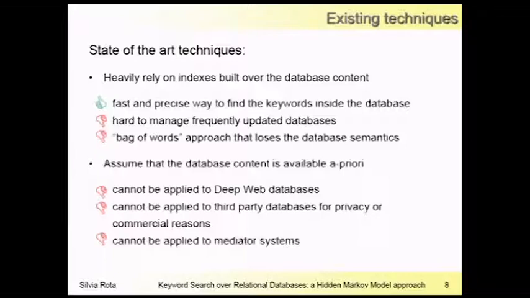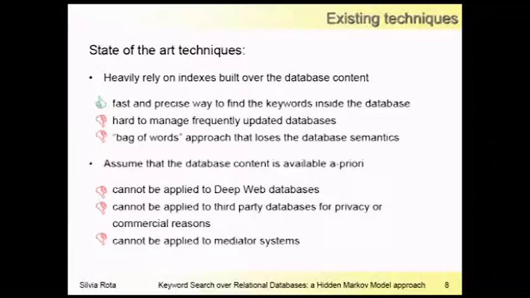Okay, so what is the situation in the state of the art? The situation is that they studied techniques to do the steps that I just illustrated, and mainly they heavily rely on indexes built on the database content to find the keywords. This is a very important step, and it gives a very precise way to find the keywords, but it has many disadvantages, because it's hard to manage a database if the database is subject to frequent updates.